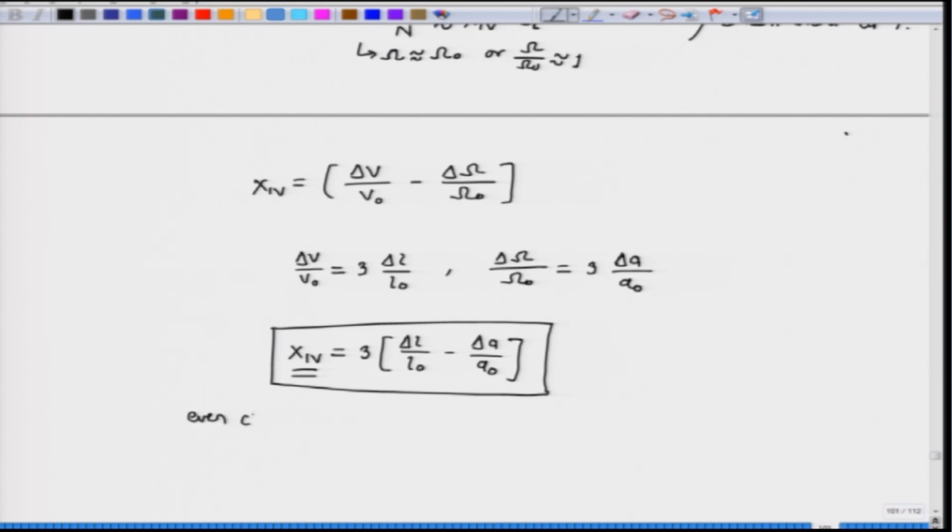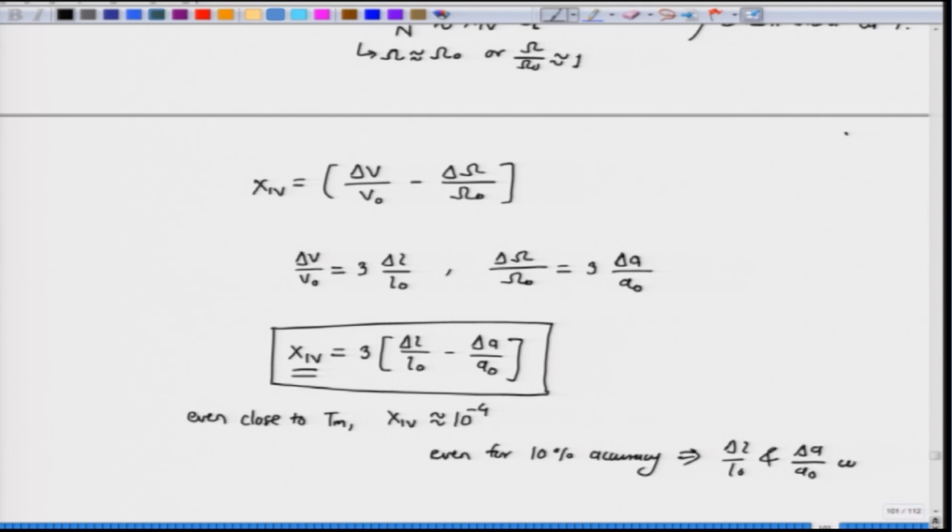Even close to melting temperature, x1V is typically about 10 to power minus 4, which means if we expect about 10% accuracy, we need to measure delta L by L0 and delta A by A0 with accuracy of 10 to power minus 5.